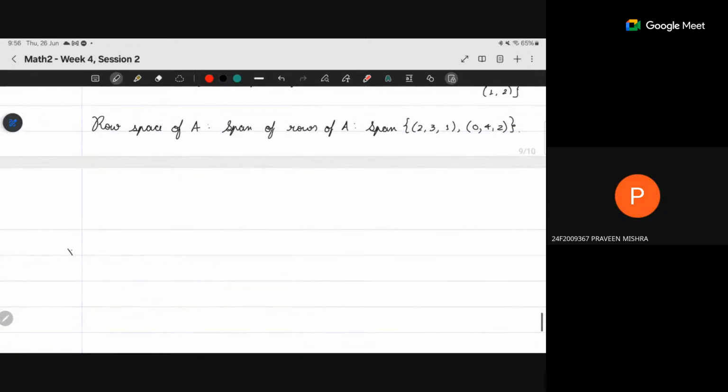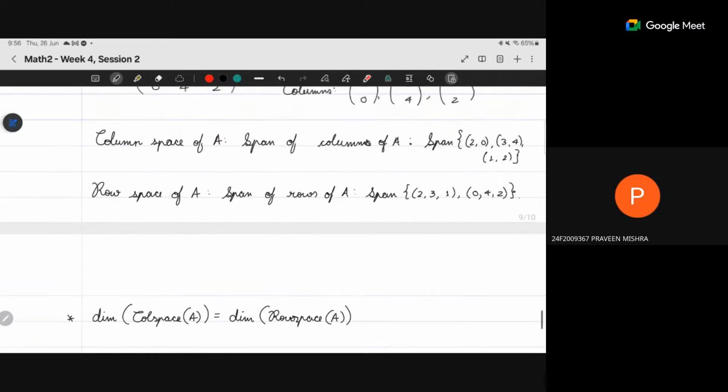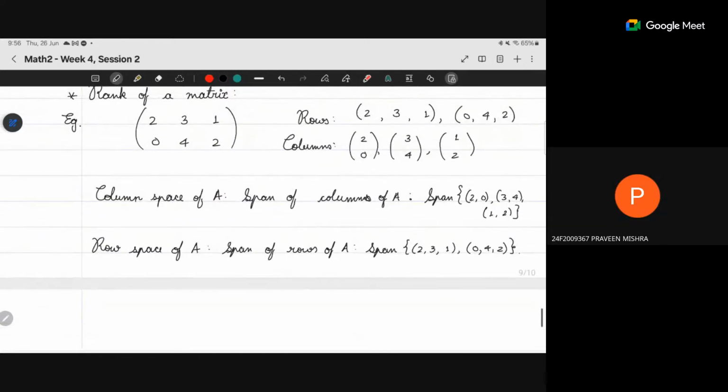The important fact, which we will not prove, is that the dimension of the column space of A is equal to the dimension of the row space, which equals the rank. It is very unclear just on first viewing that that should be the case.